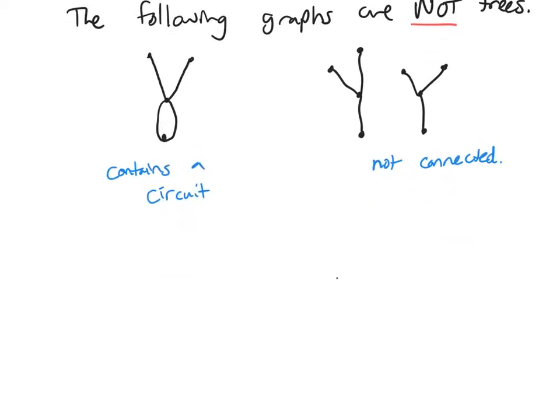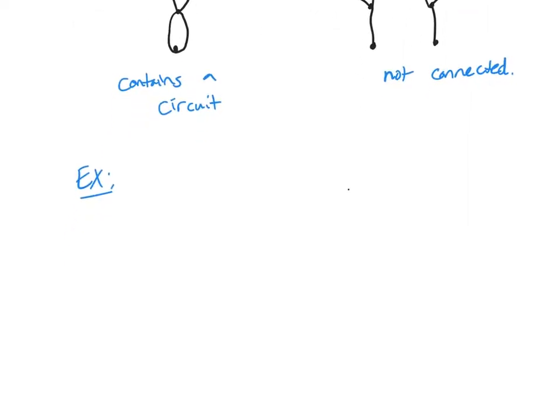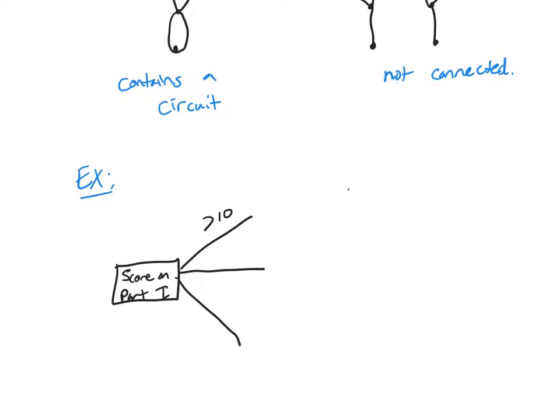So now let's look at an example of a decision tree. So I'm going to give you this setup. This decision tree is used to determine students' placements. So they take a test and it depends on their score on part 1 of this test. If their score is greater than 10, if it's 8, 9, or 10, or if it's less than 8.